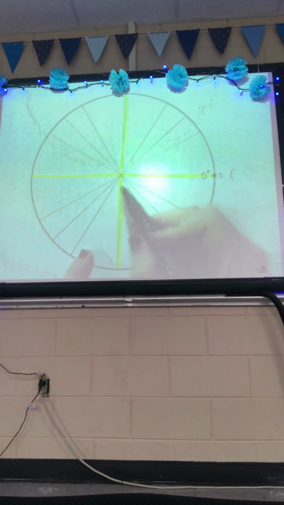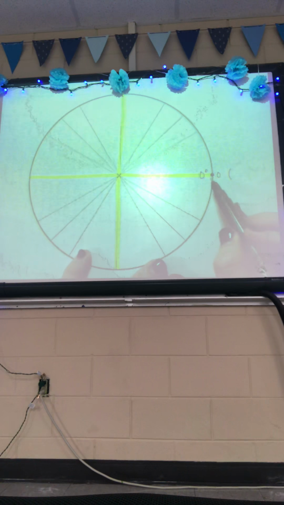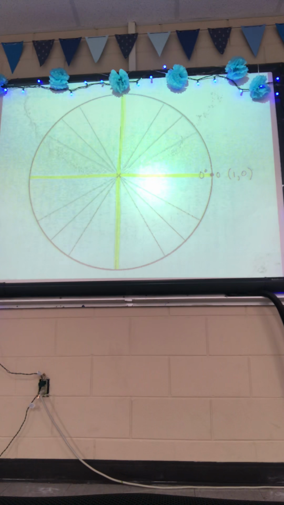What are the coordinates of this point? If I were to count from the origin and plot this point, what would the coordinates be? 1, 0. Can you tell me what the sine of 0 is? 0. What is the cosine of 0? 1. Okay.